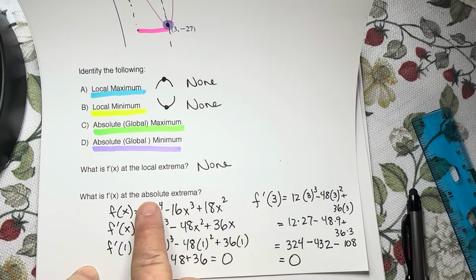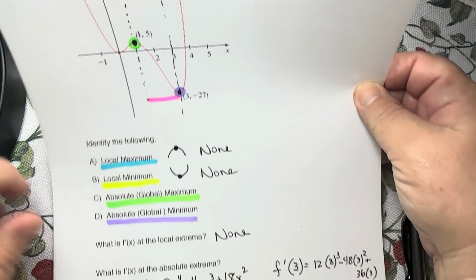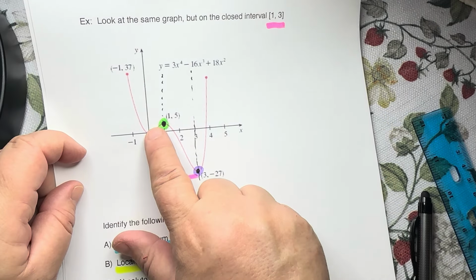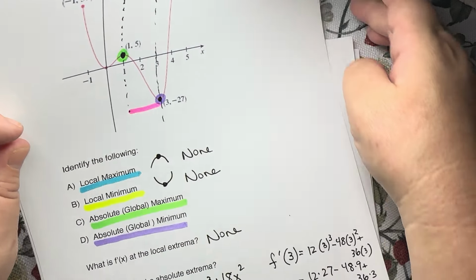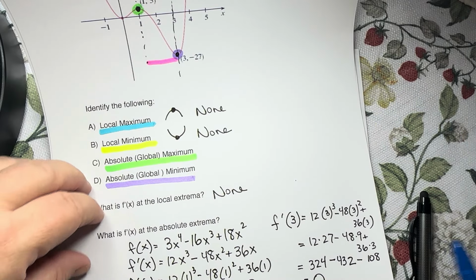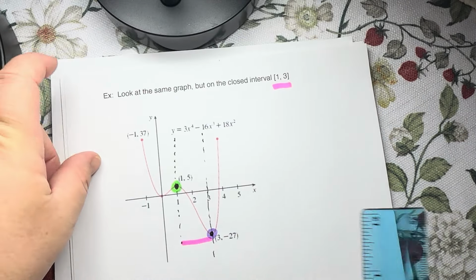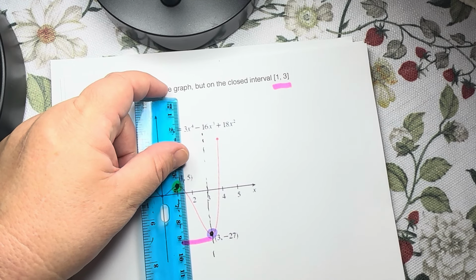But is it because they were absolute extrema? And the answer is no. It's actually because they're local max and local min. Because what could happen? Well, what if on the graph I had shut it down at 1.5?